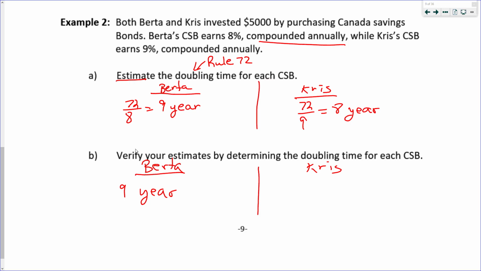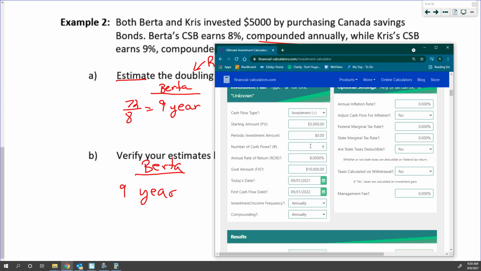If it was, say, monthly, and you got, I don't know, 144 cash flows, then you would have to do 144 divided by your 12, and that will tell you how many years. Because again, the number of cash flows is your years times the number of payments per year.